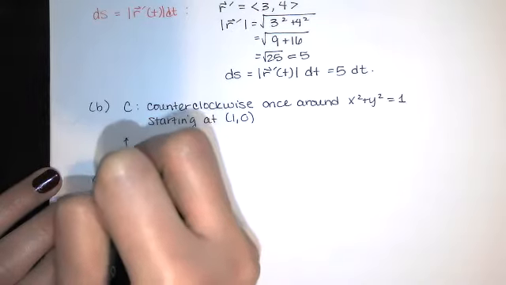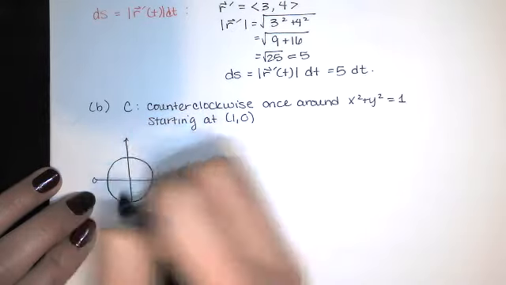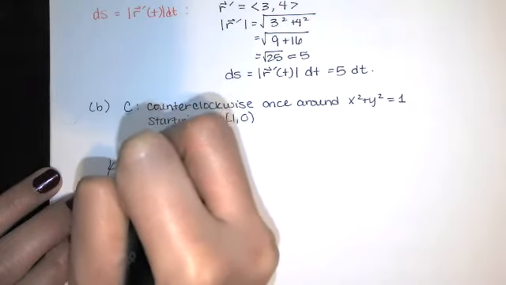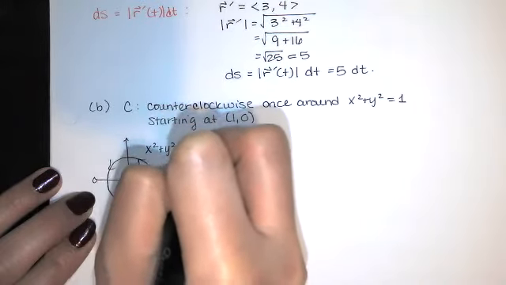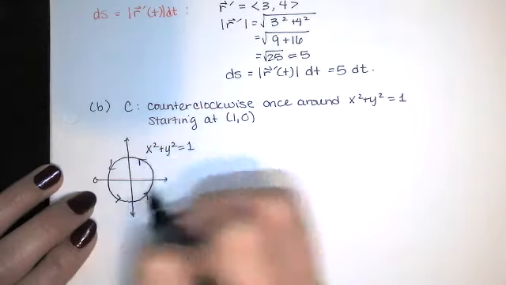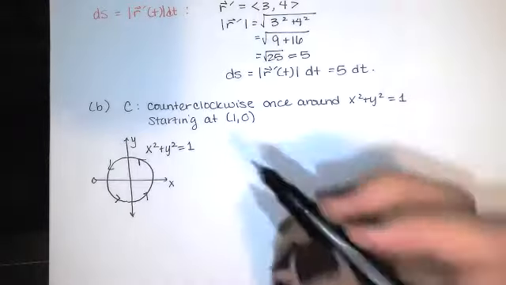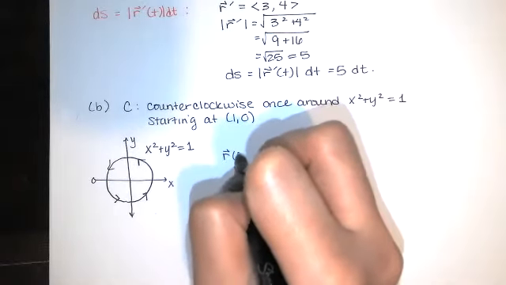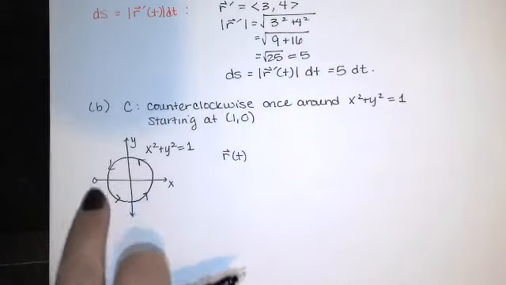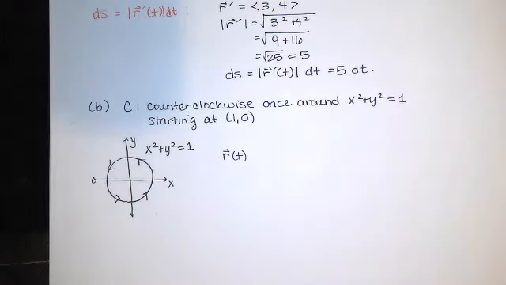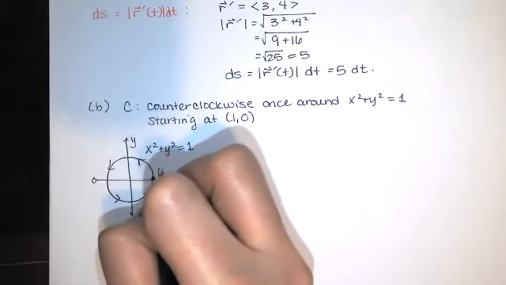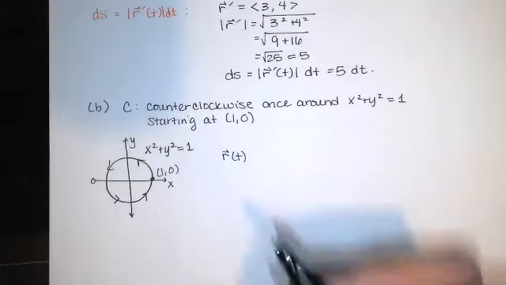And of course, there are infinitely many ways to describe this path, x squared plus y squared equals 1. But whenever I see a circle, I always think of sine and cosine, and especially a unit circle. And I've drawn my arrows pointing this way, going around this way, because we were told that we're going counterclockwise around this circle. And we're starting here at x equals 1, y equals 0.